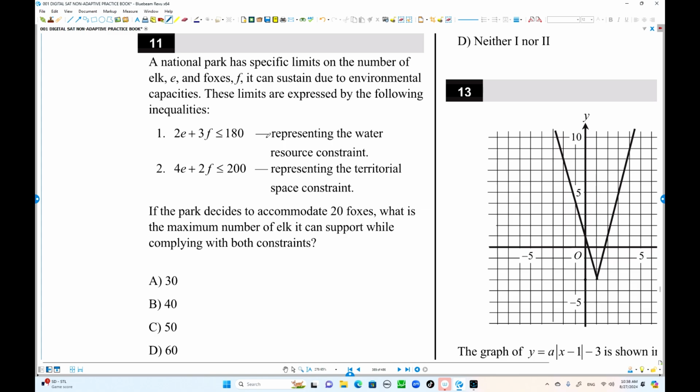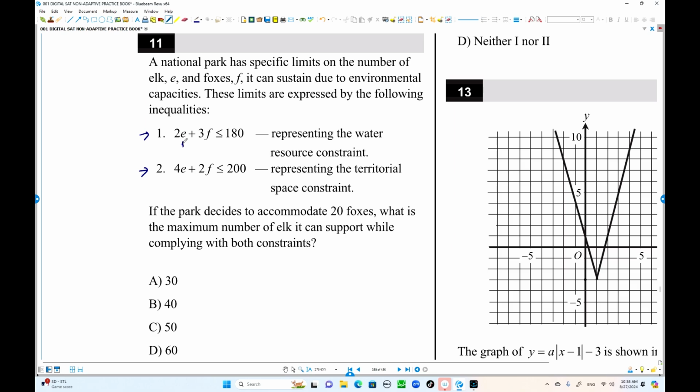Here is number 11. A national park has a specific limit on the number of elk E and parks F, but this park can sustain due to environment capacities. There's a limit here, a limit there. 2E plus 3F is less than or equal to 180.